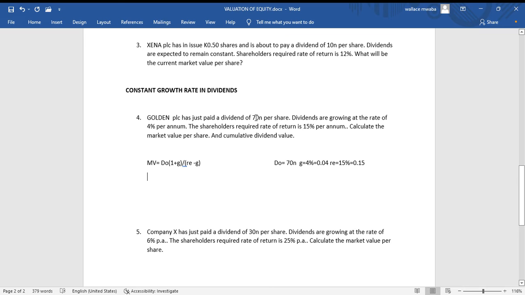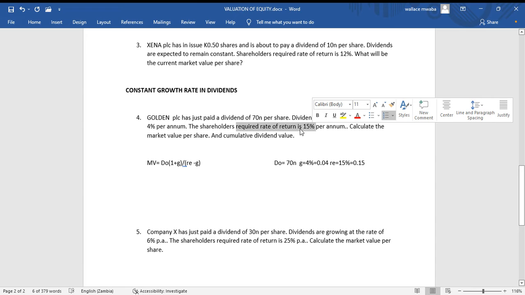We've got the dividend, which has just been paid. We've been given the growth rate. We've also been given the required rate of return, which is also the cost of equity, 15%. So with all this information, we can calculate the market price or the market value.